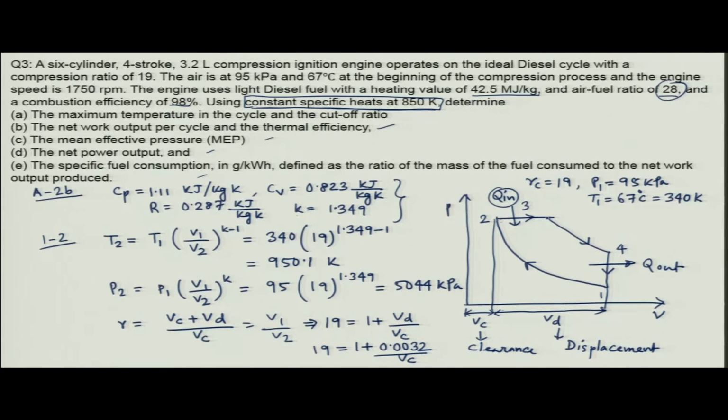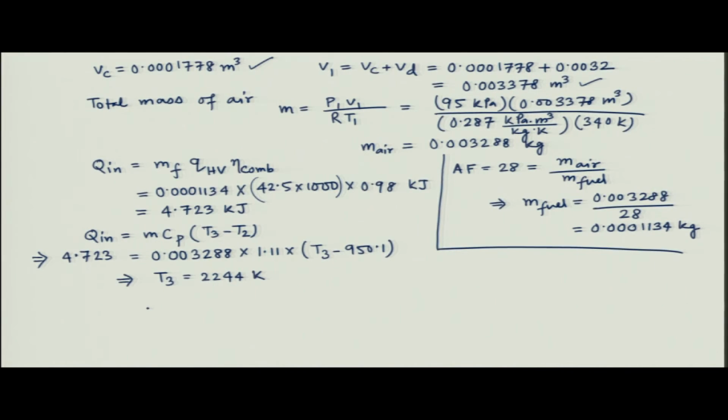Okay. So now that is T3, and now we can find the cut-off ratio, right. The cut-off ratio is basically V3 upon V2, which can be written as T3 upon T2, because it is a constant pressure process, so volume is proportional to the temperature.